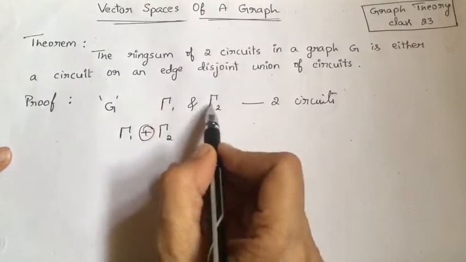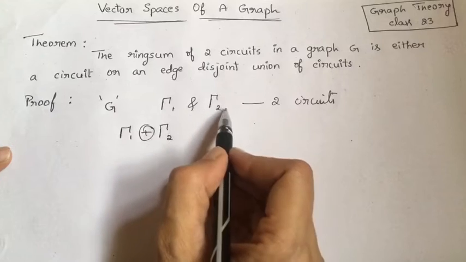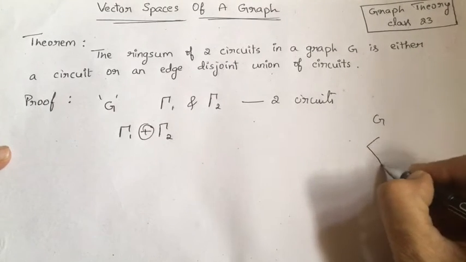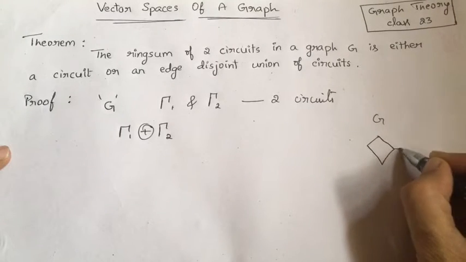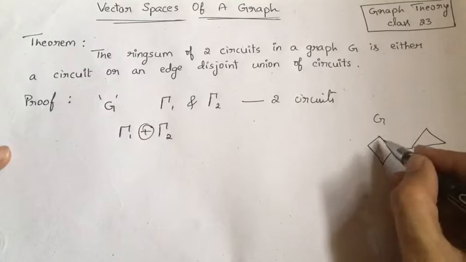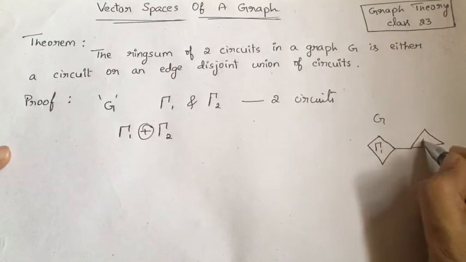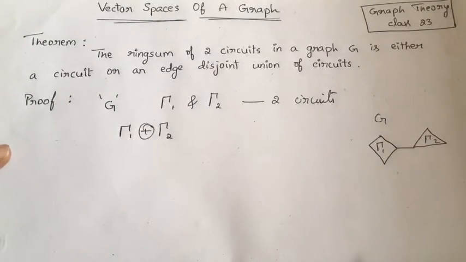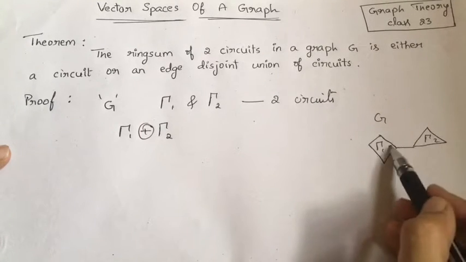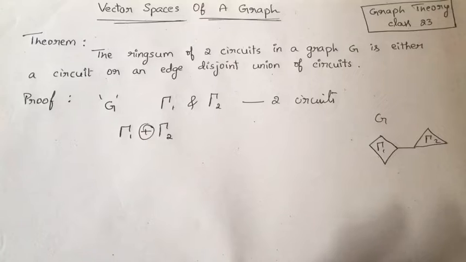For example, this is my graph, say this is one circuit gamma 1 and this is gamma 2. They don't have an edge or vertex in common.